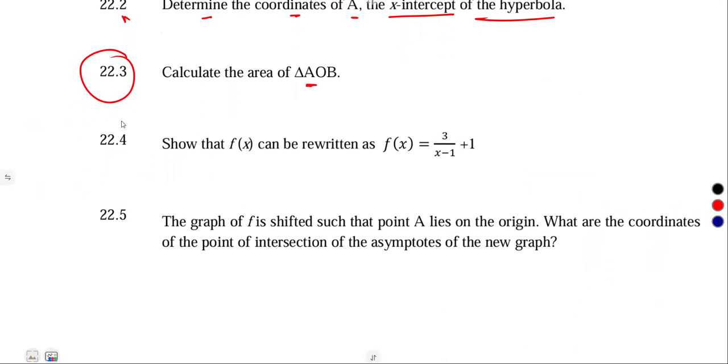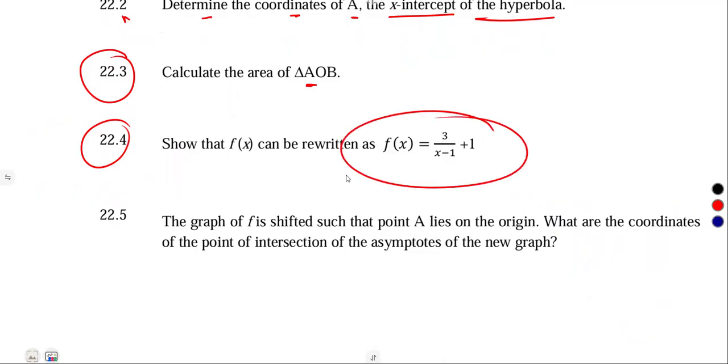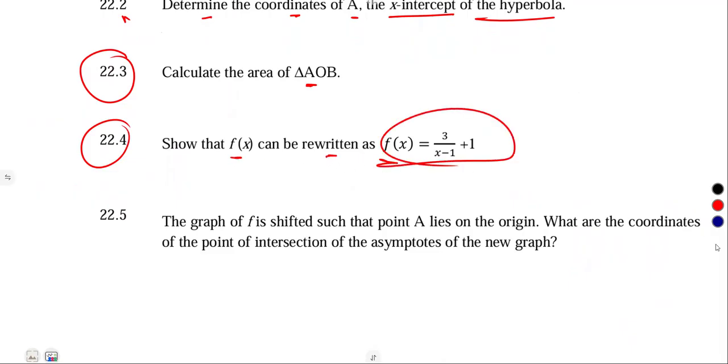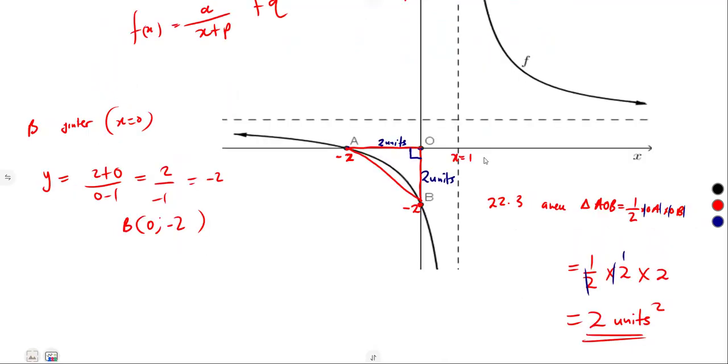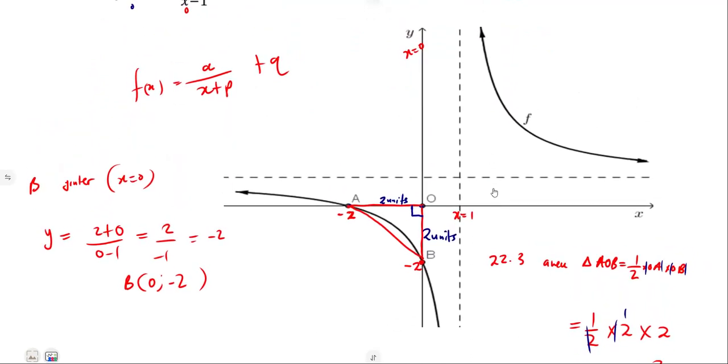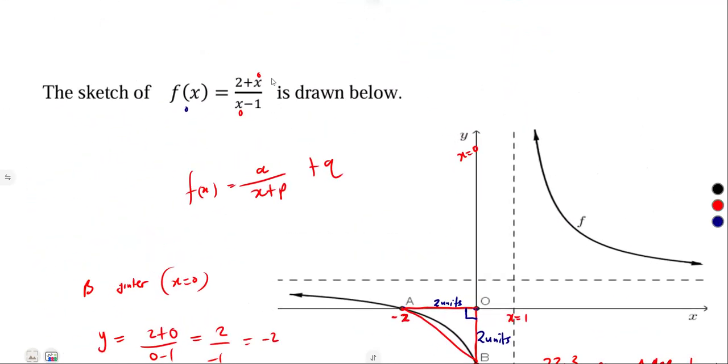Then 22.4, that's where we have the format that we are now used to of a hyperbola. Show that f of x can be rewritten as this. This is the basic format that we are used to, where we consider long division, or we can consider by inspection from our f of x, the original function given here.